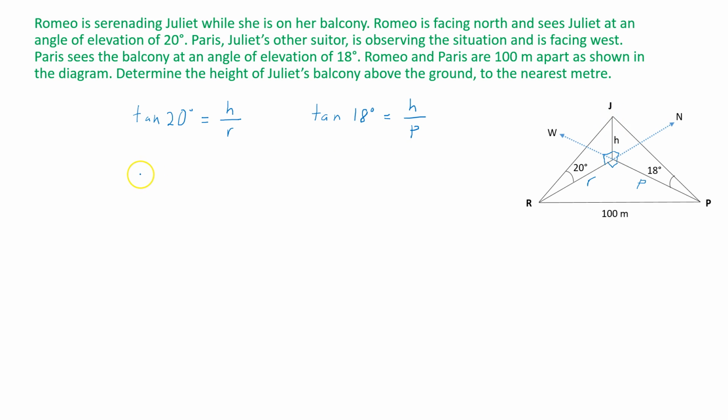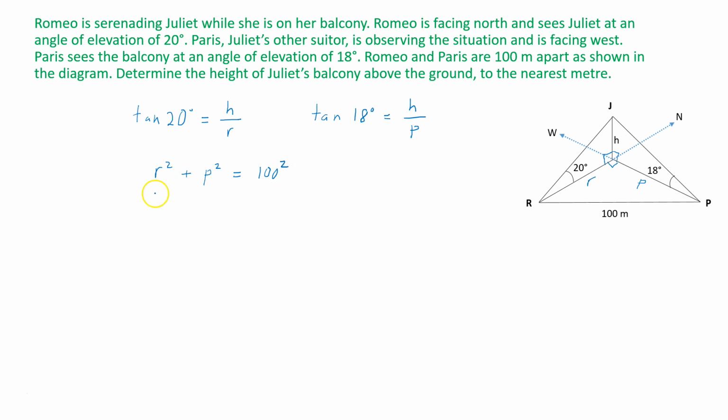So next, we're going to write an expression for the triangle that's on the ground. And we're going to use the Pythagorean theorem for this expression. So since it's a right angle triangle, r squared plus p squared is going to equal 100 squared.